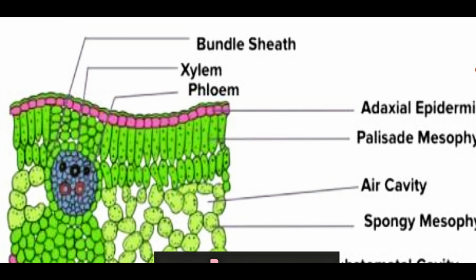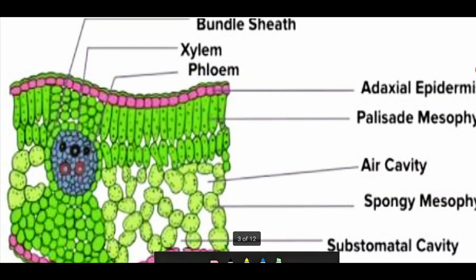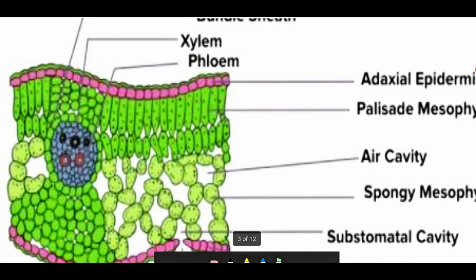So this is the longitudinal section of the leaf. If we cut it, then we will find it this way. Here are the two layers, the upper epidermis and the lower epidermis. After this, you can see the palisade mesophyll cells.